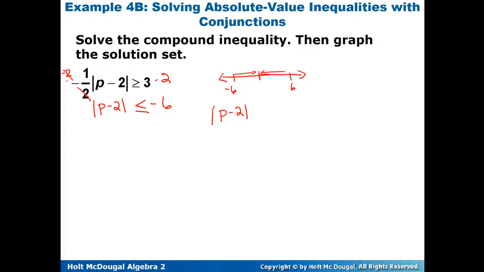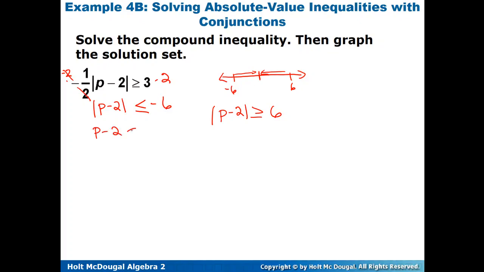Oh, sorry, I'm getting confused on myself here. It's got to be less than, oh, okay, I know what happened. And here we're going to have to say that p minus 2 is going to be greater than or equal to positive 6, because we have to do our signs. But when we just look at this, we can kind of guess that this isn't going to work out, but let's just do it anyway.